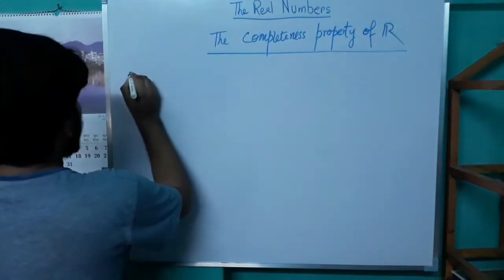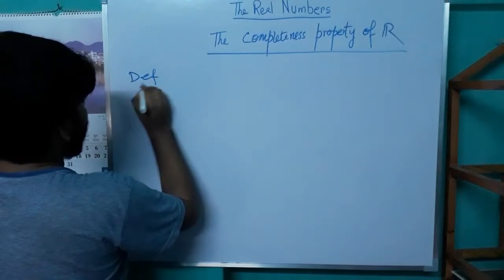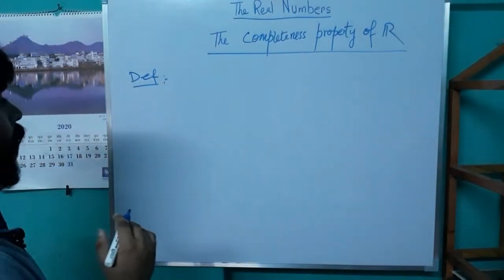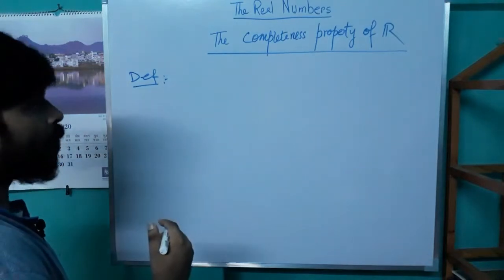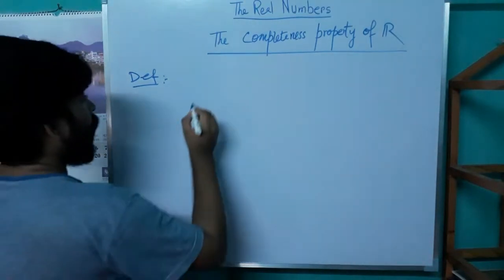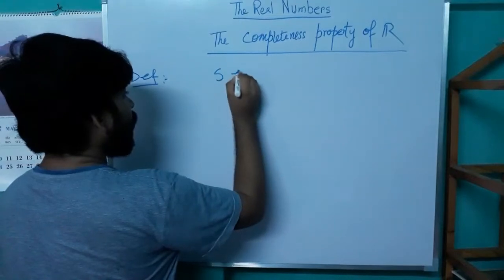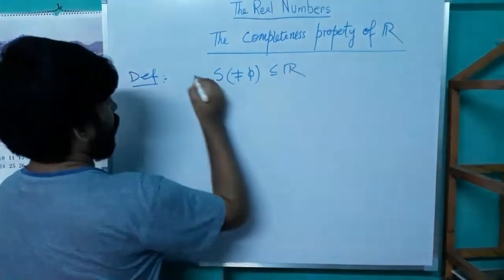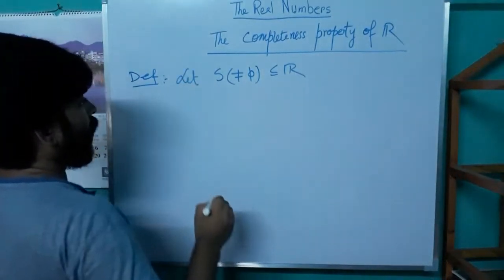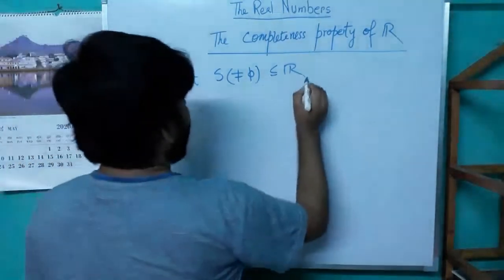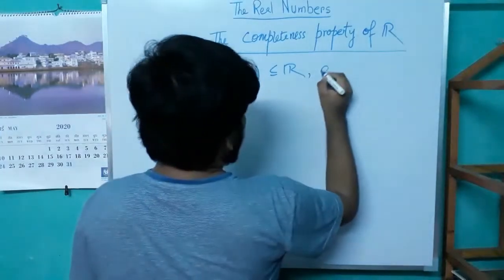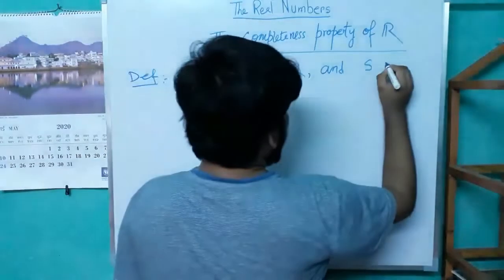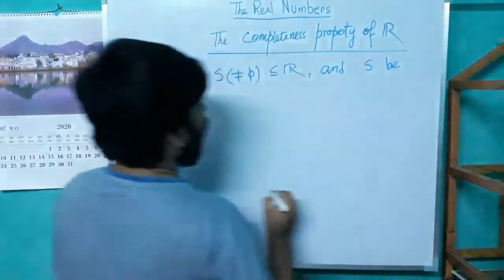So next definition. We define the least upper bound or supremum of a set. Let S be a non-empty subset of R, and we also assume that S is bounded above.